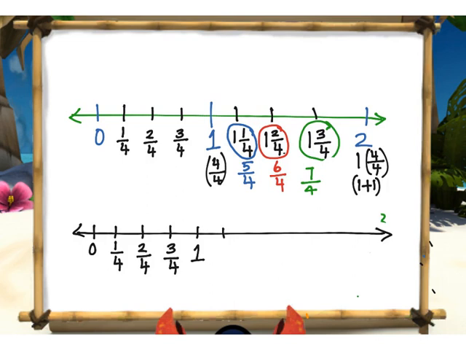So this 1 1 by 4 can be written as 5 by 4, and then this 1 2 by 4 can be written as 6 by 4, and then this 1 3 by 4 can be written as 7 by 4, and then the last number is 2.